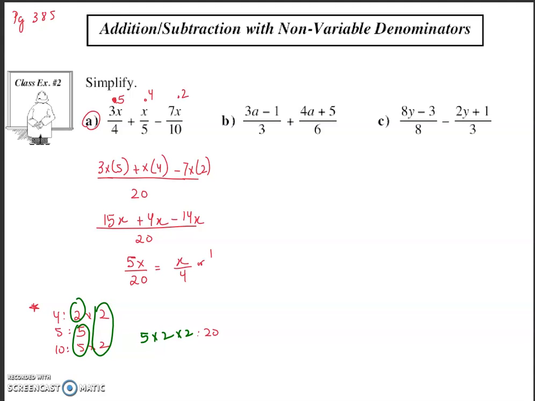Or if you want to write it as 1x over 4, or if you want to write it 1/4 x, they all mean the same thing. Okay, so any way that you write that answer, they all represent the same idea. And once again, we don't need to do any non-permissible values because we don't have any variables in the denominator.